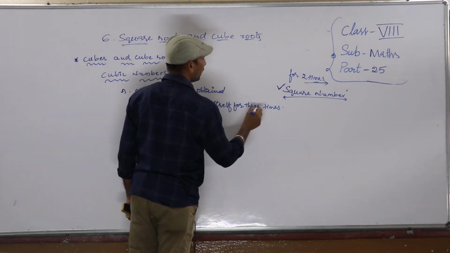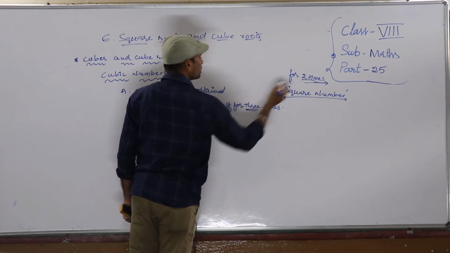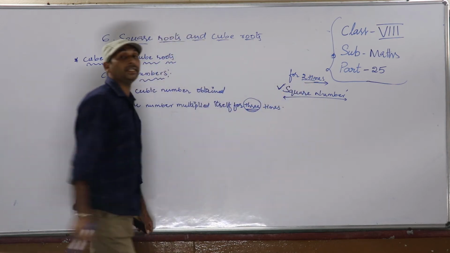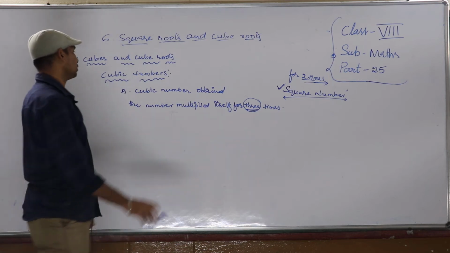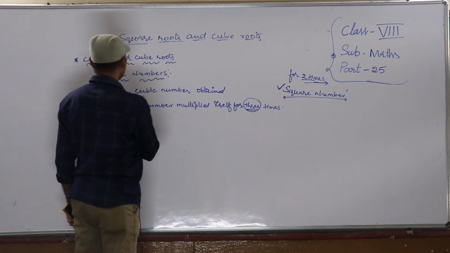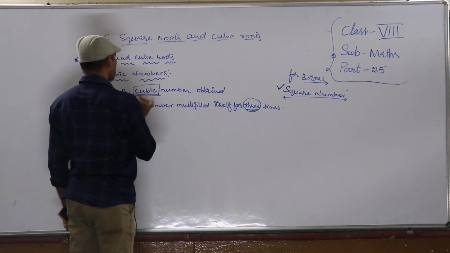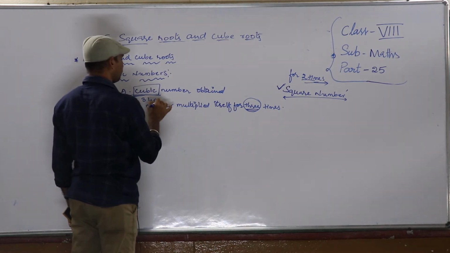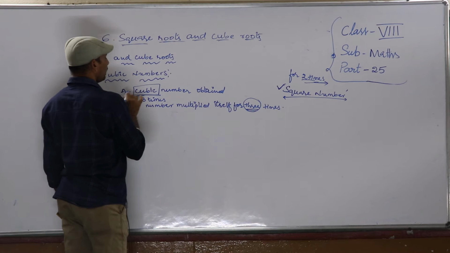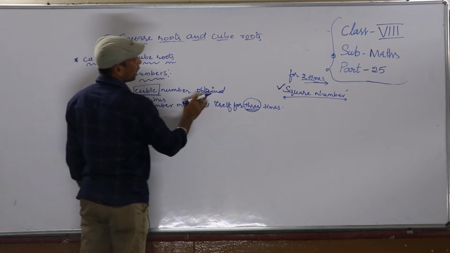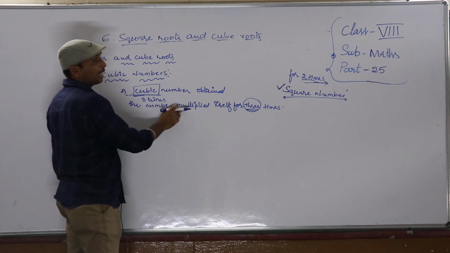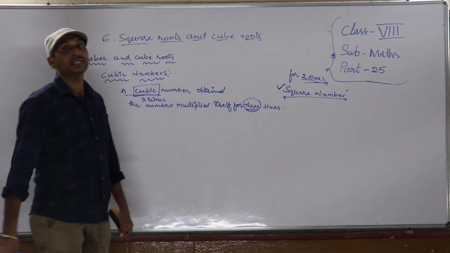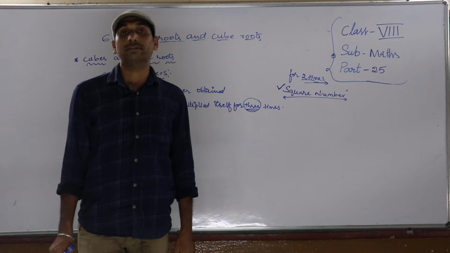So in the square 2 times, in the cubic numbers 3 times. So that is the difference between square numbers and cubic numbers.